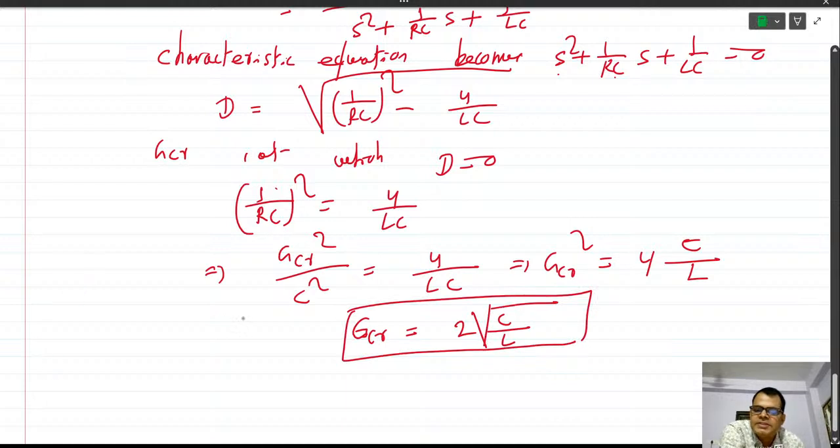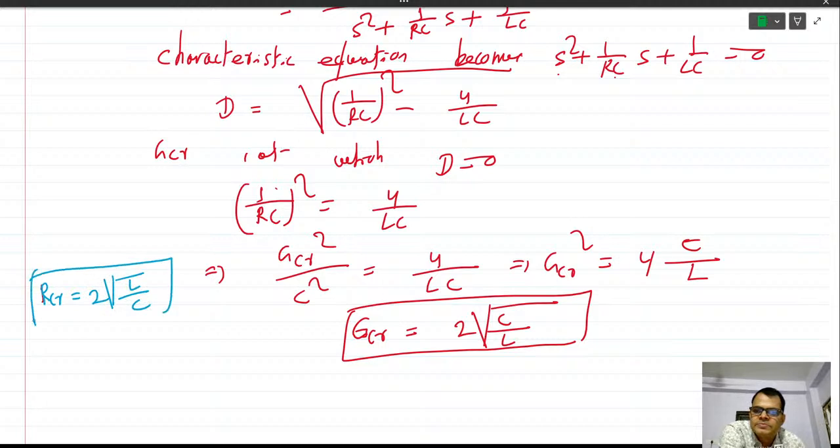But this is for the series. For parallel, we calculated R critical. So by seeing this, I can write L by C. Duality. Dual of R is equal to G. 2 is a constant. Dual of L equal to C. Dual of C equal to L.